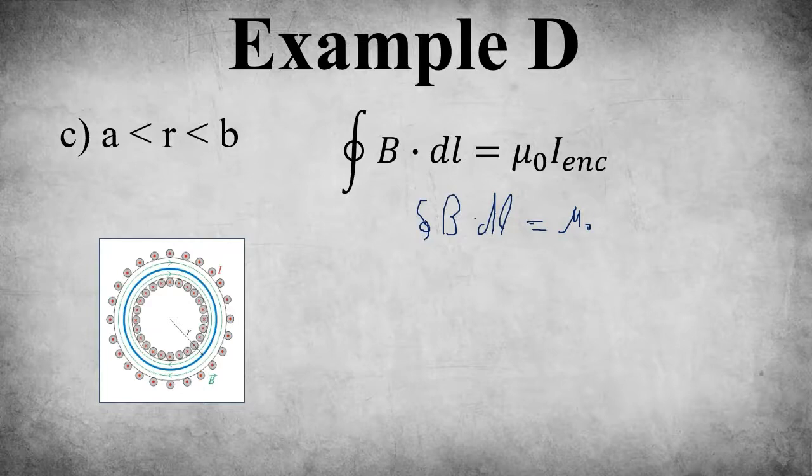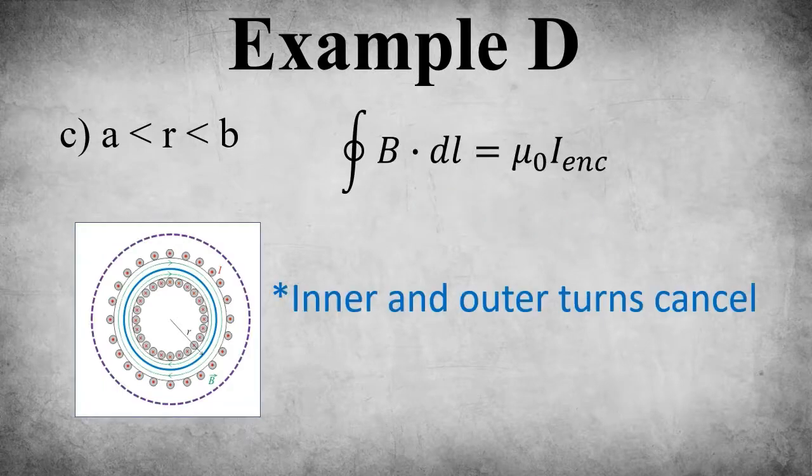So I have current into the page here, out of the page here. And every single inner and outer part of the loop has a corresponding one, so I have current into the page, there's a corresponding current out of the page. What you get here is the inner and outer loops cancel. So the current enclosed then is going to be 0. And the field outside the toroid in general is 0.